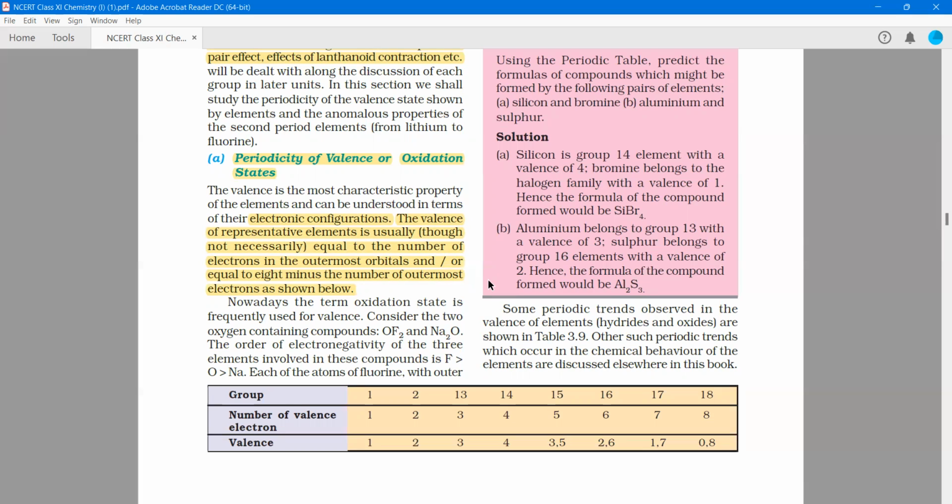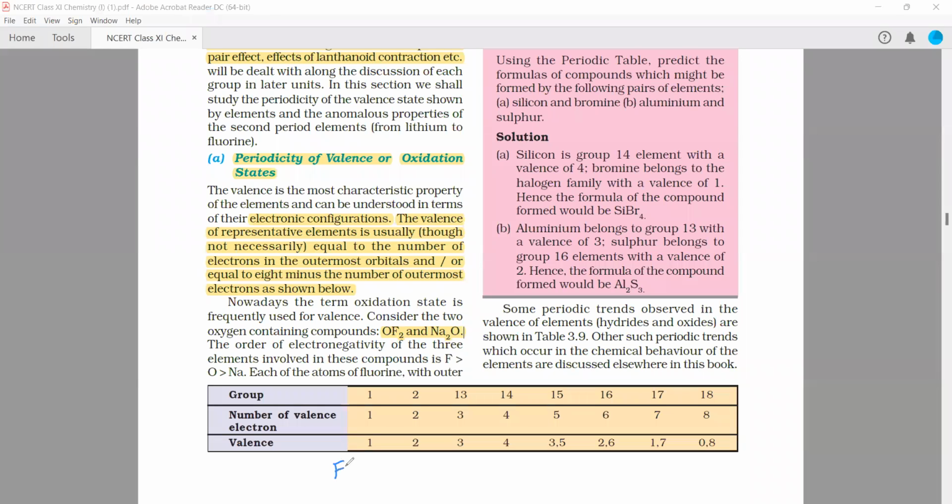Consider the two oxygen containing compounds, OF2 and Na2O. The order of electronegativity of the three elements involved in these compounds is: fluorine is the most electronegative, then oxygen, and then sodium.